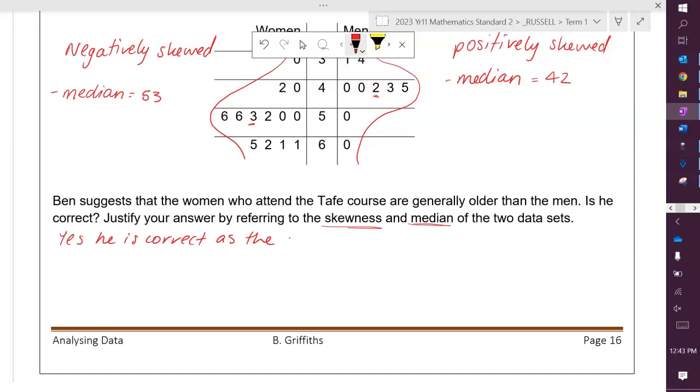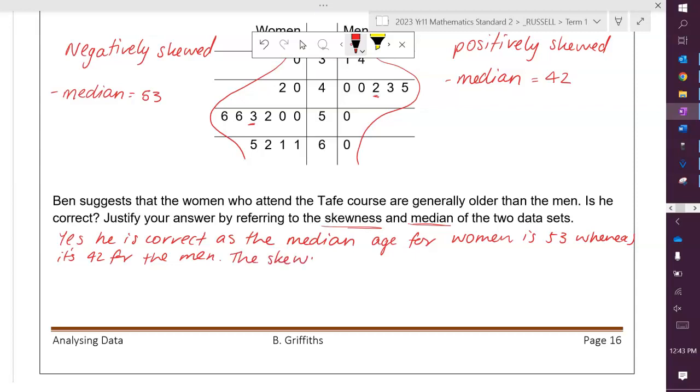As the median age for women is 53, whereas it's 42 for the men.